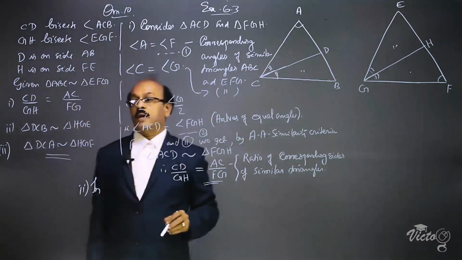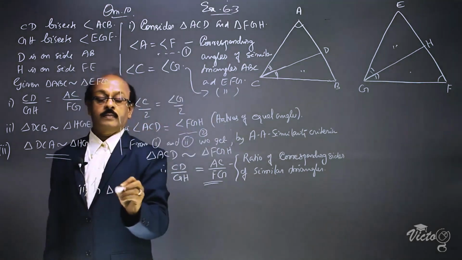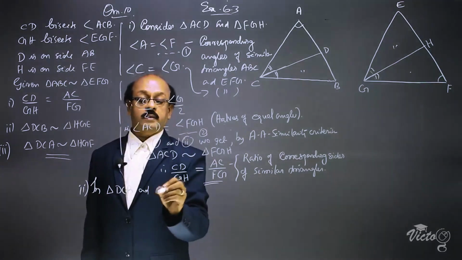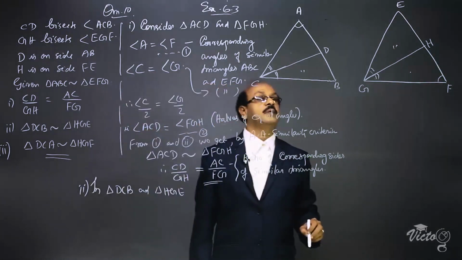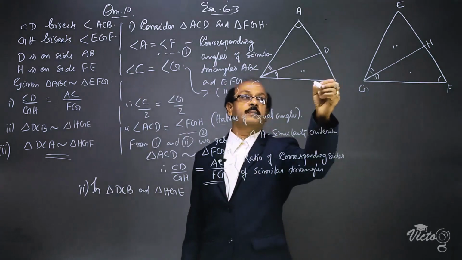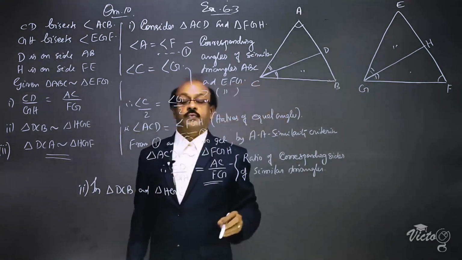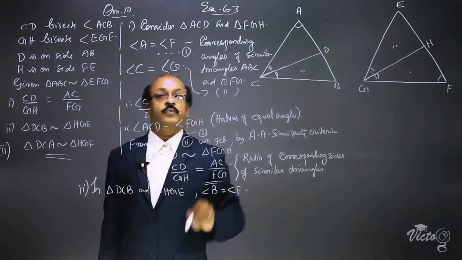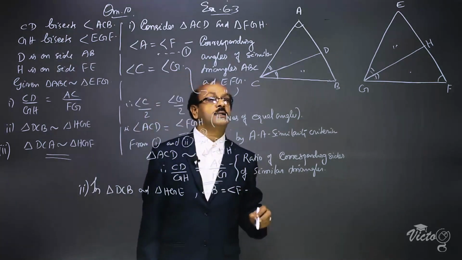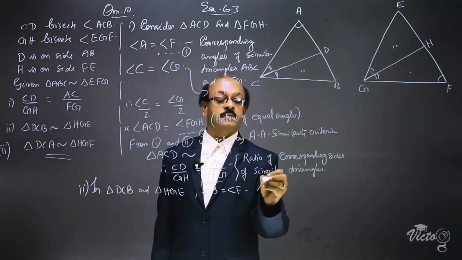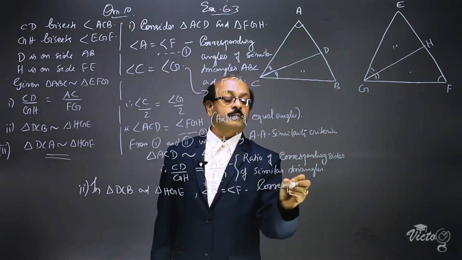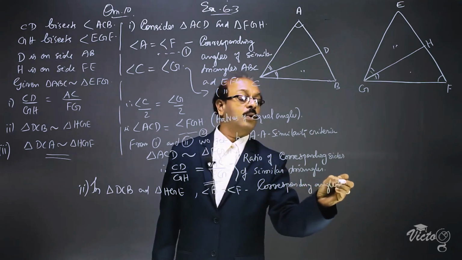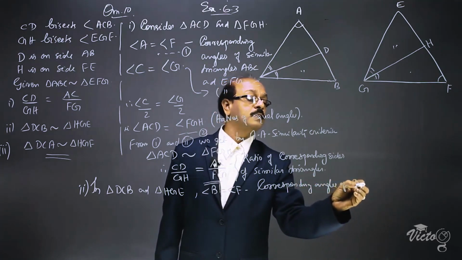In triangle DCB and triangle HGE, angle B is equal to angle E. Reason, corresponding angles of similar triangles.